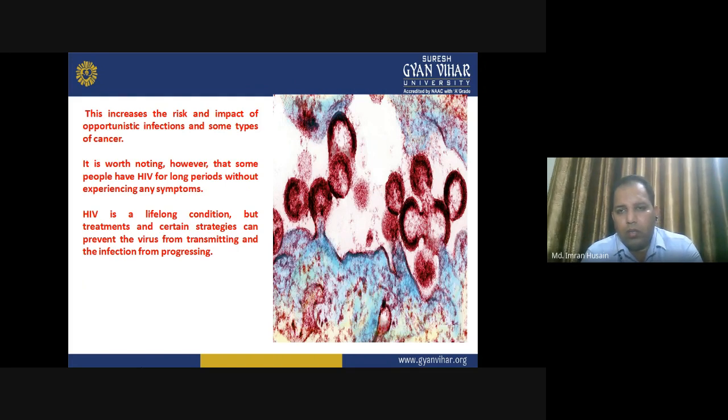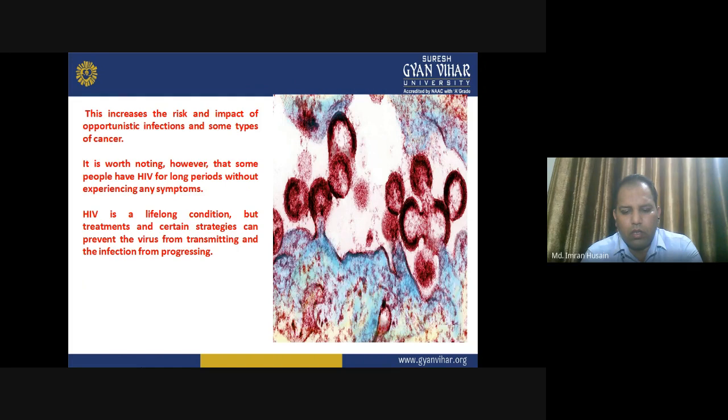In this image, you can see an electron microscopy picture of the HIV virus in human tissue. HIV is a lifelong condition, but treatments and certain strategies can prevent the virus from transmitting and the infection from progressing. So now scientists are able to control the symptoms, but they cannot cure the disease completely.